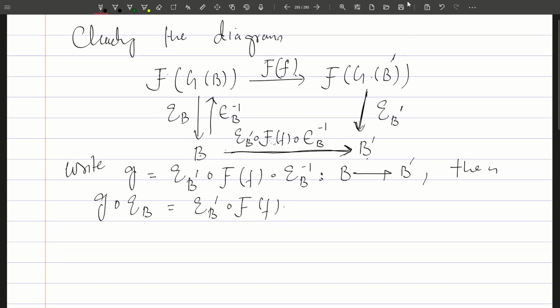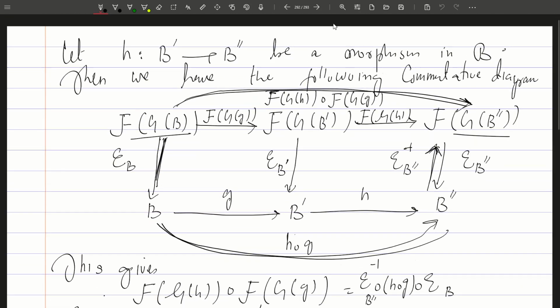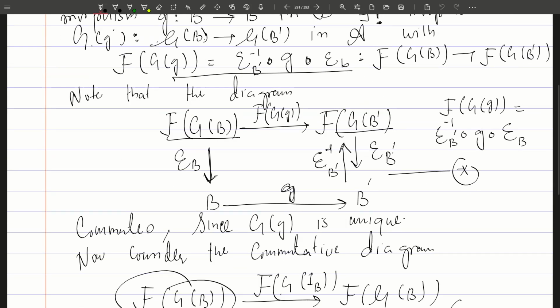Now if we look at the commutative diagram in star, we know that G composite epsilon B is the same as epsilon B prime composite F of g.